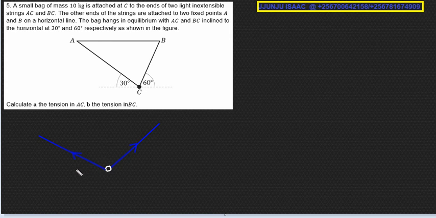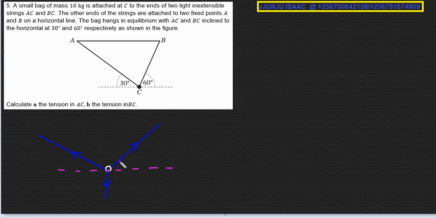So if we put the horizontal here, the weight, because we have the mass of 10 kilograms, will act downward. So that is going to be the weight.